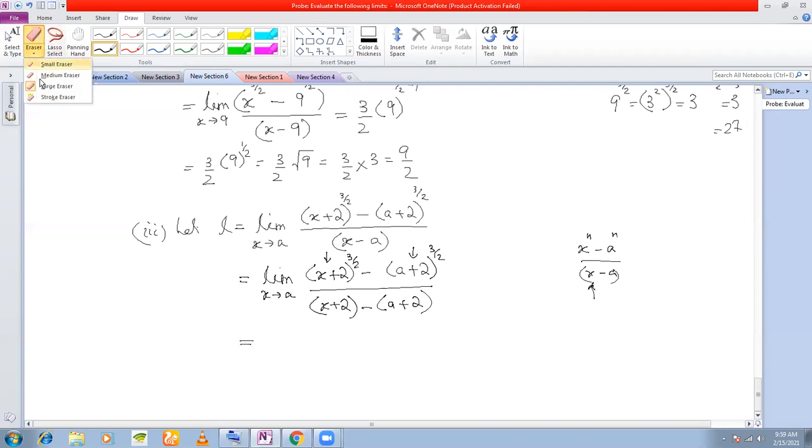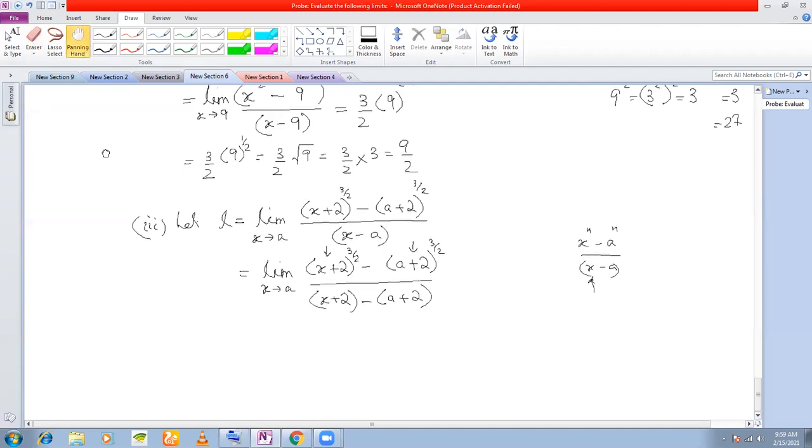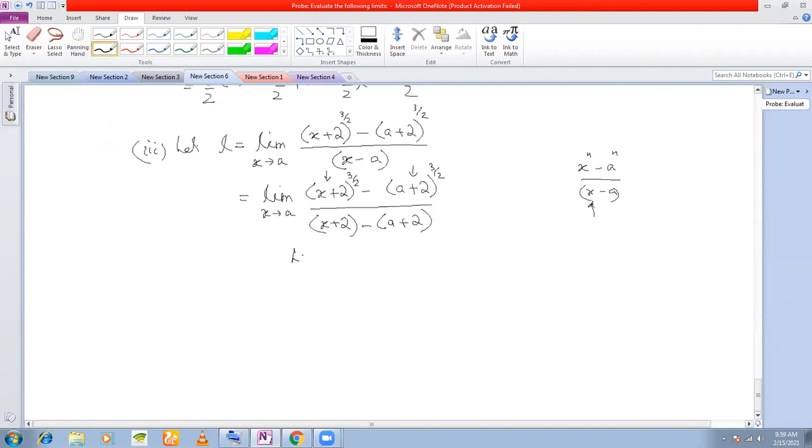So that means now if I put y is equal to x plus 2, then what will happen? And if I put say b is equal to a plus 2, so as x tends to a, y tends to a plus 2, right? Or maybe directly we can do it instead of putting y.